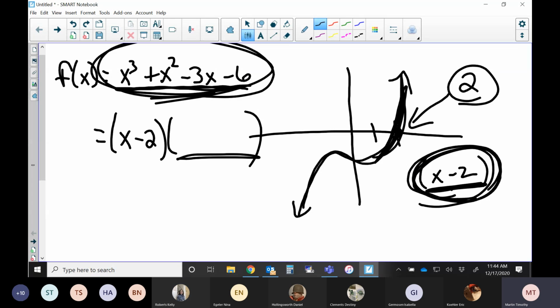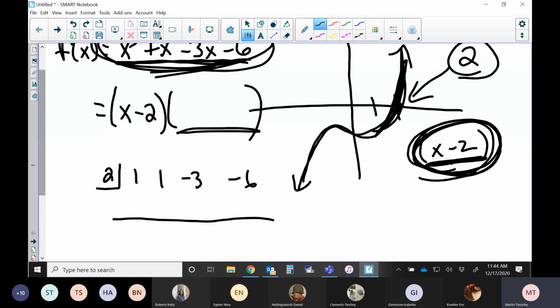So what I would use in my box would be 2, and then 1, 1, -3, -6, and then we drop it down. 1 times 2 is 2, 3 times 2 is 6, add together: 3, 6, and 0. And why did we think we were going to get a 0? Because this is supposed to be a factor, which means it's supposed to go into it perfectly, which it did.